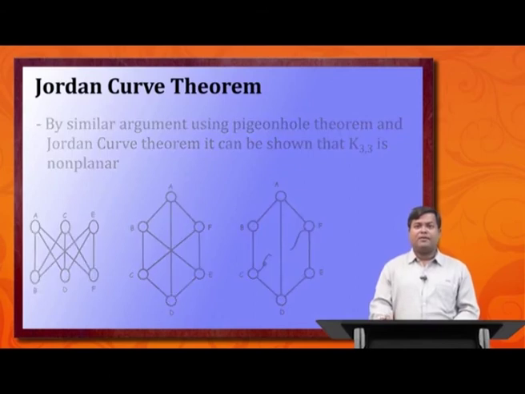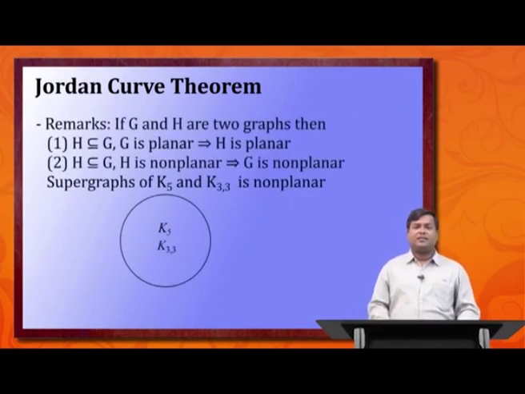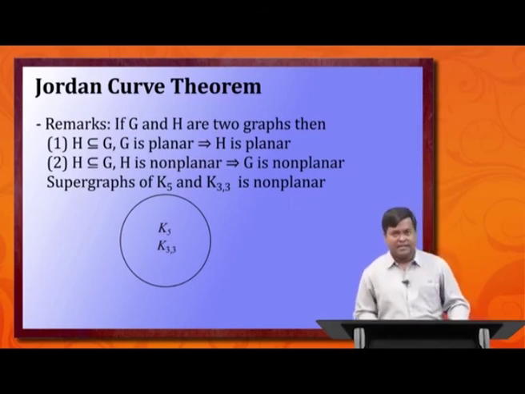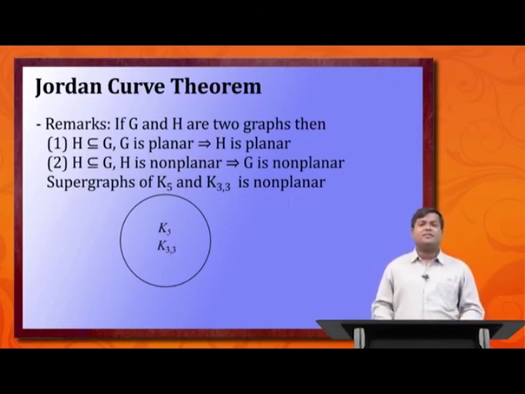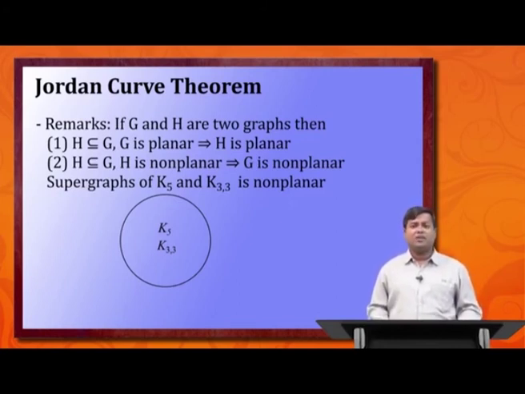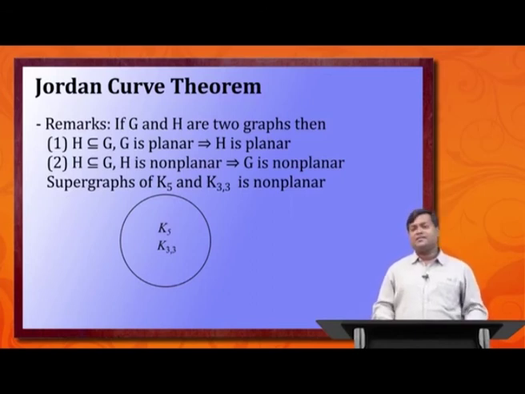Okay. So now we have a few remarks based on our previous analysis. If G and H are 2 different graphs, and let's assume H is a subgraph of G, then if G is a planar graph, that implies H is also planar. And this reasoning is very obvious.